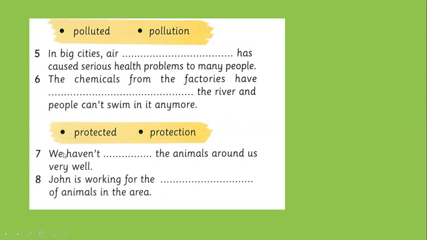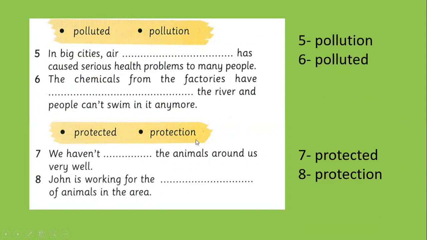We haven't, so we must put ed. We haven't protected the animals around us very well. John is working for the protection of animals in the area. So number 5, pollution. Number 6, polluted. Number 7, protected. And number 8, protection. You have some time to study.